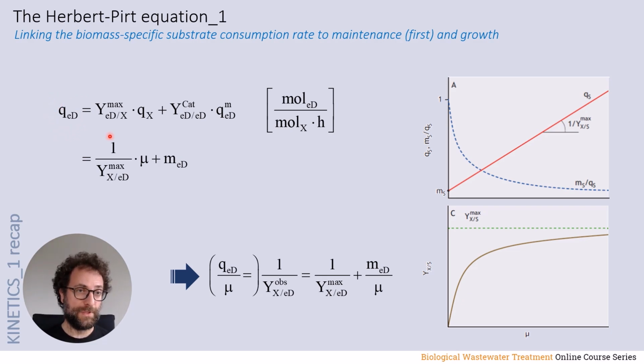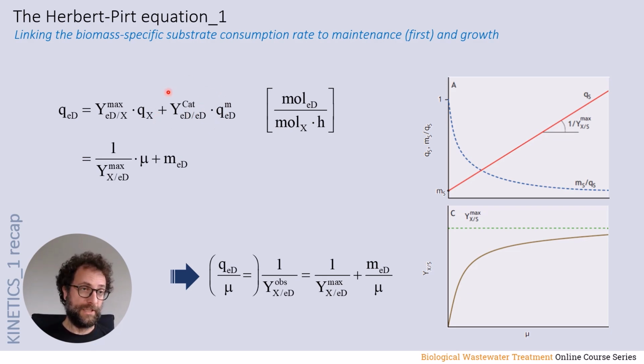The biomass-specific substrate or electron donor consumption rate, per mole of X, is distributed between the anabolism, which is what we derived in terms of stoichiometry with the Gibbs energy dissipation method, and the maintenance, which are processes that consume energy generated by the catabolism but do not lead to biomass production.